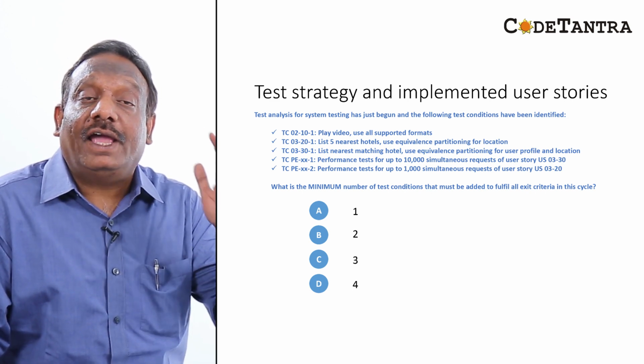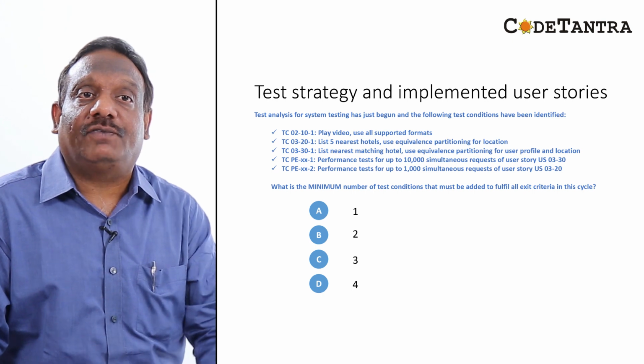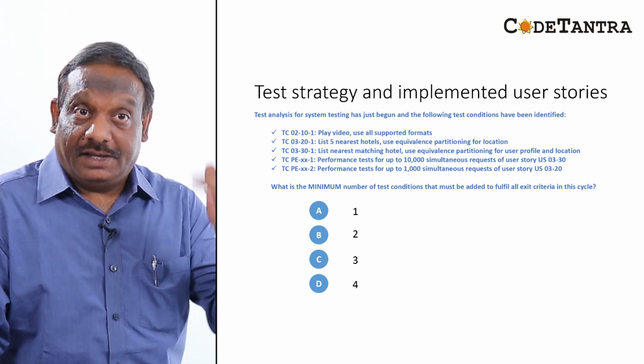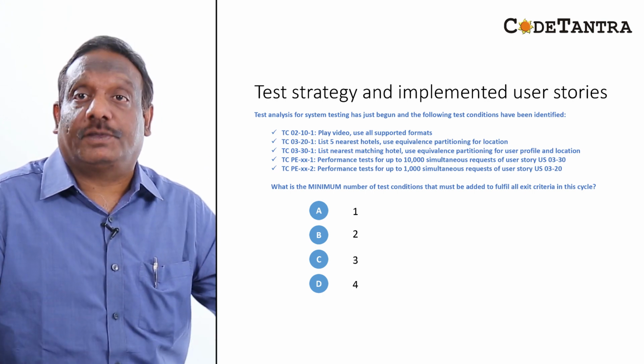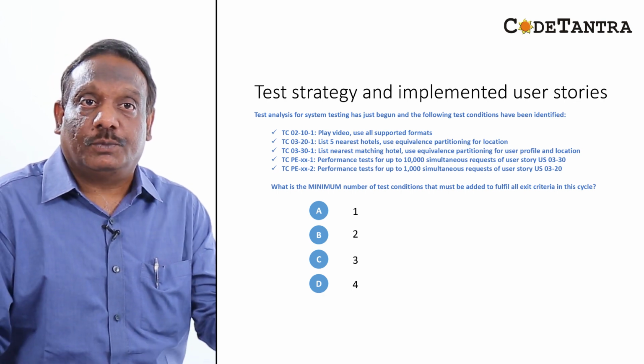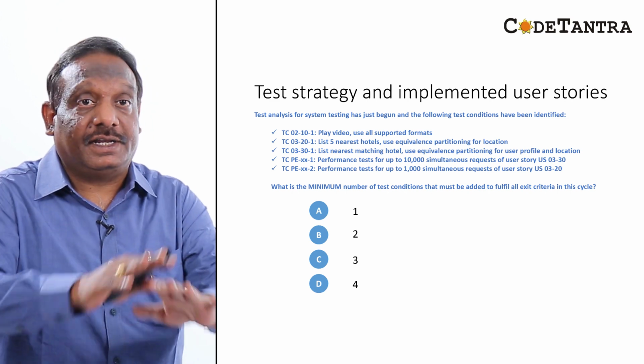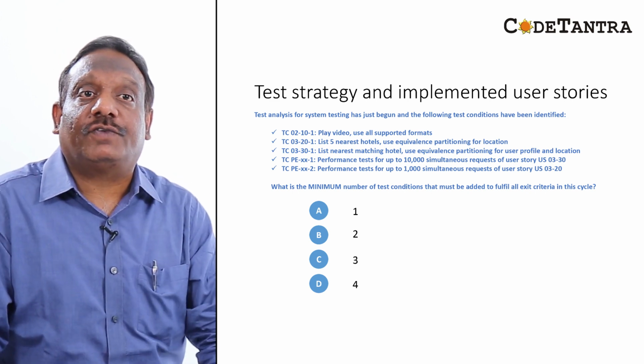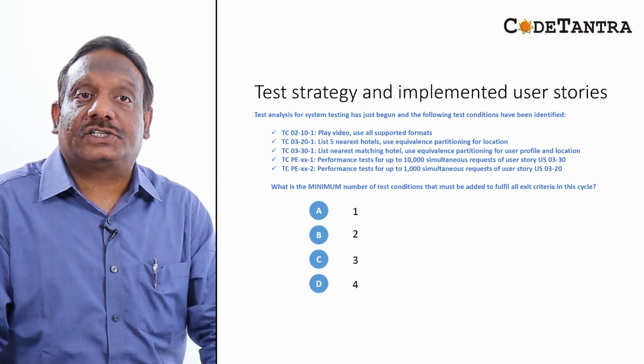So the 5 test conditions that have been identified are, the first one is play video, use all supported formats. That is the equivalence partitioning is happening. Because there is a play video functionality, it will be tested. That is your first, 210, test condition.